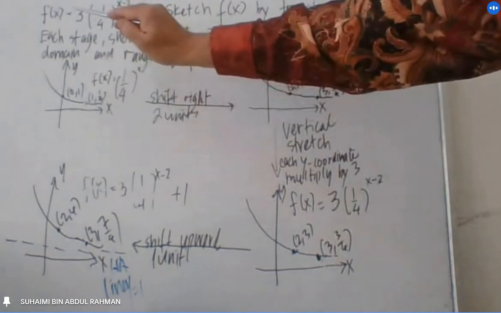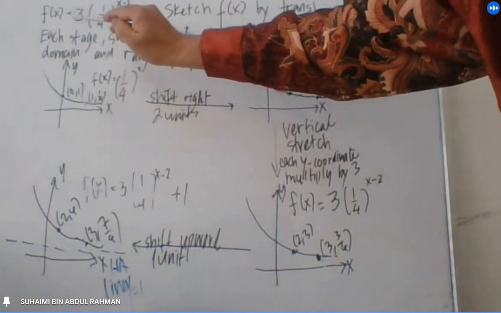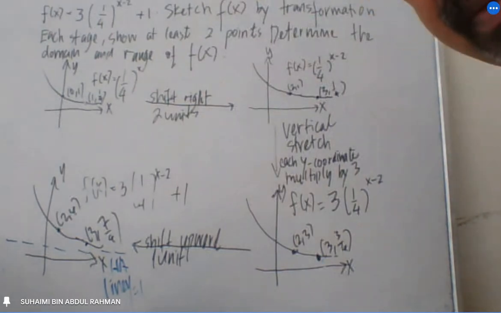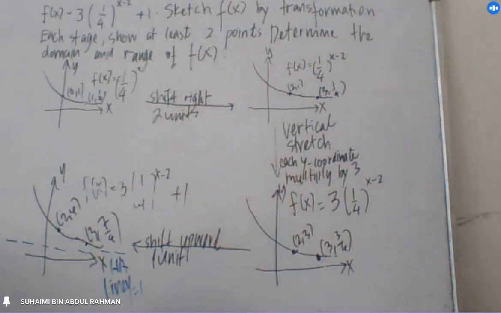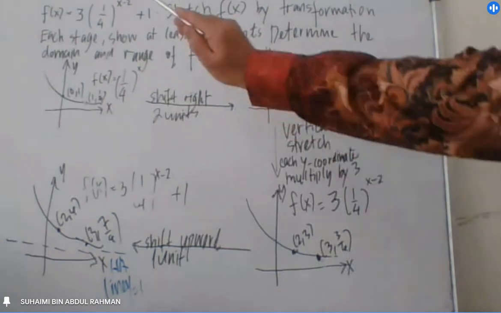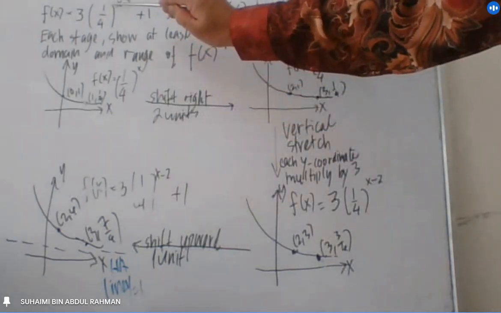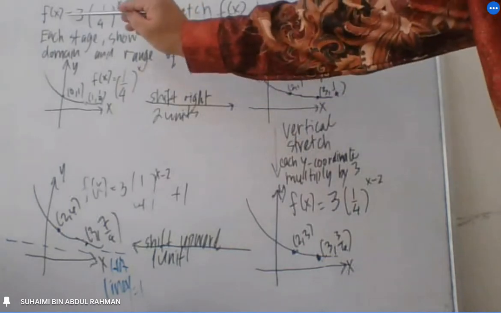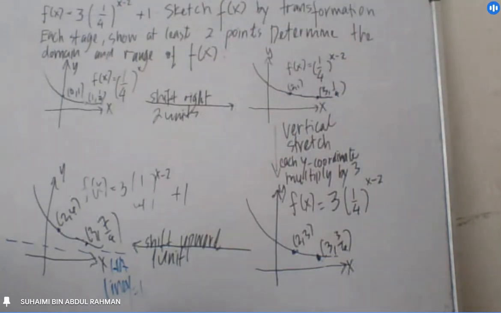When we don't have a negative here, and when we don't have a negative here, there is no reflection, because reflections play with the negative. If negative here, reflection about what? About the Y axis. If negative here, reflection about the X axis.